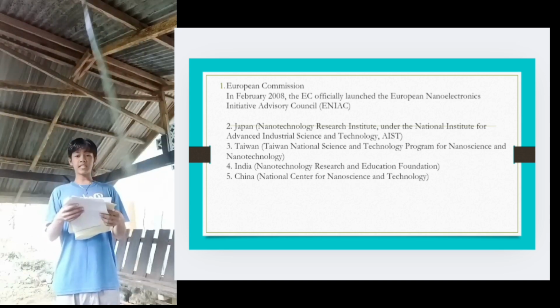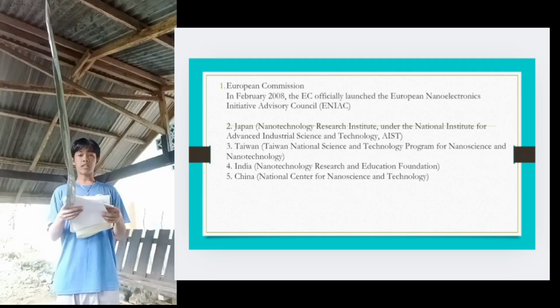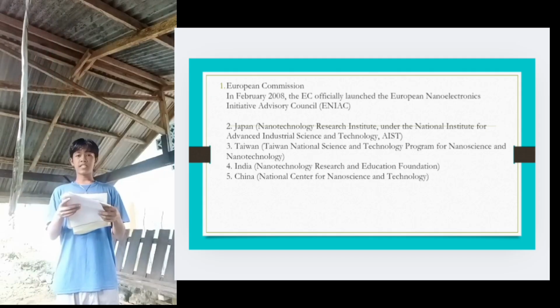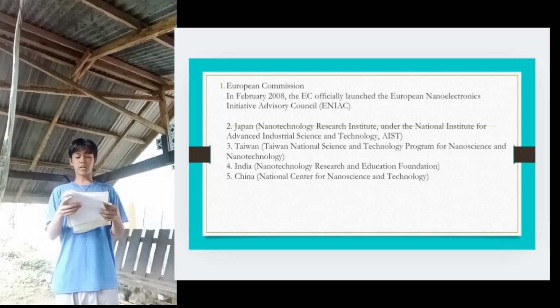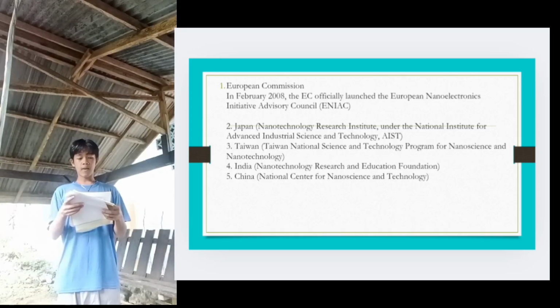Taiwan uses nanotechnology mainly in the semiconductor and electronic industry. Example, producing microchips that make gadgets faster and more efficient.